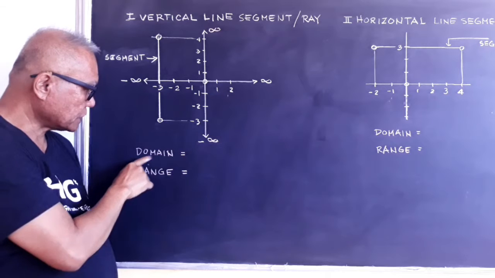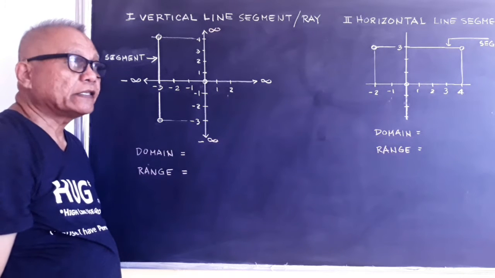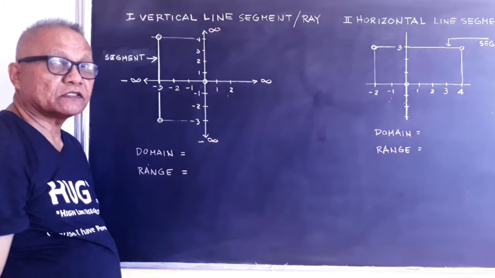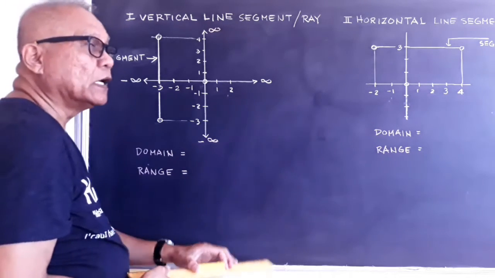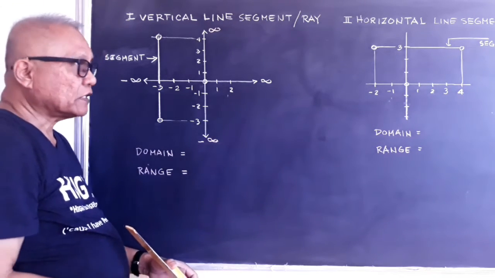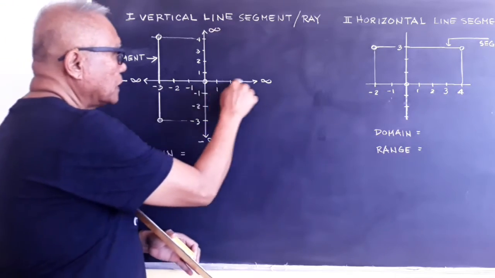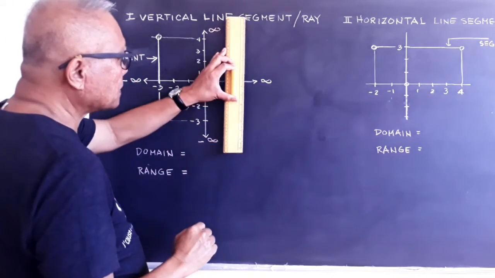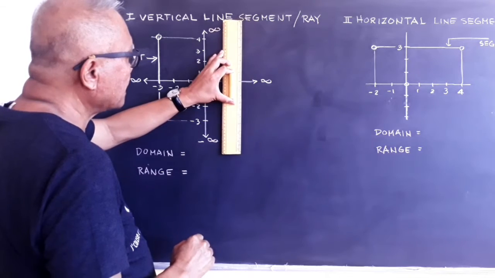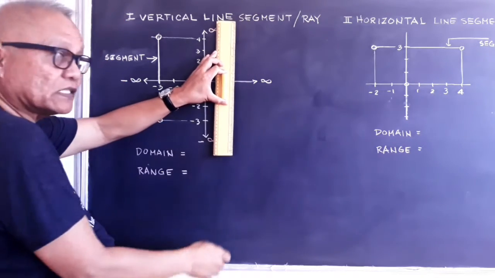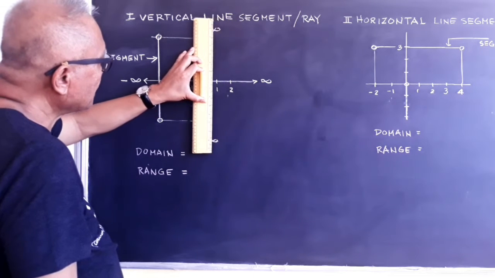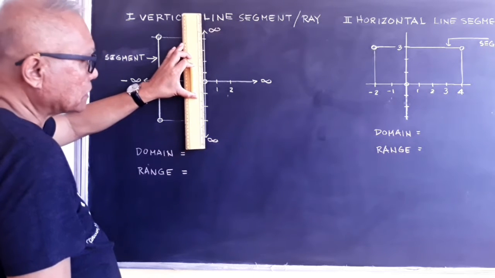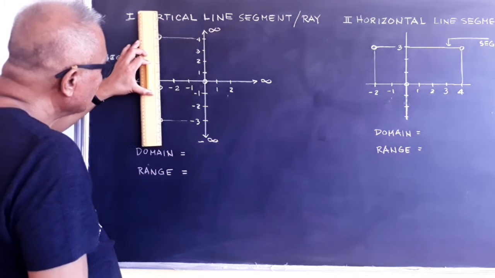So let's first get the domain. Again, how do we get the domain? We use the vertical line test. So we get our ruler or straight edge, and this is our x-axis. Then where is that line? This line must intersect the graph of the vertical segment. It is not here, because this one is the y-axis.